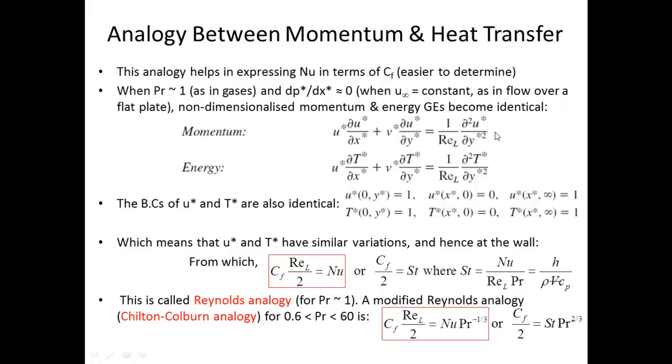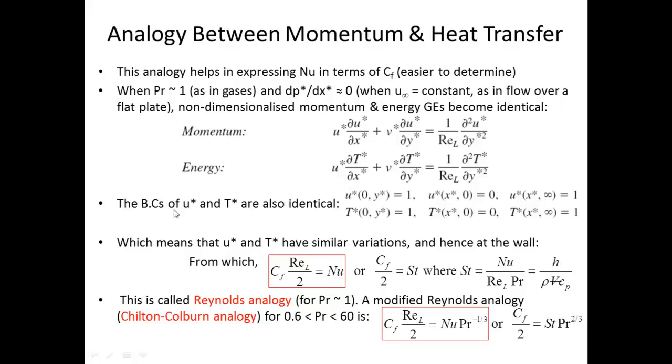See that the pressure gradient term has vanished here, as we have seen, and also in the energy equation the Prandtl number has also been removed because it is of the order of magnitude of 1. So therefore these two equations, the x momentum and the energy equations, become identical.